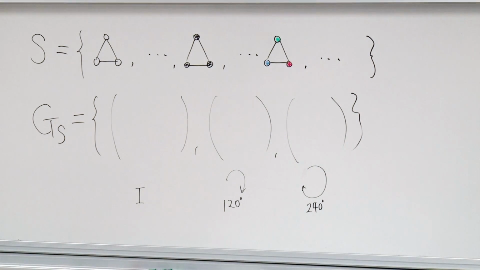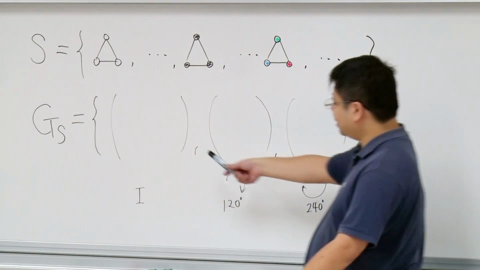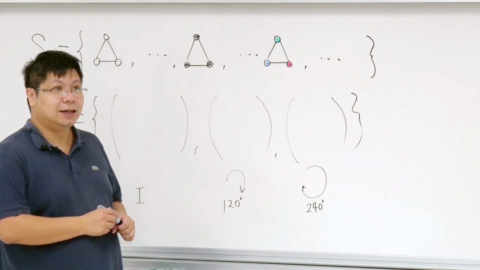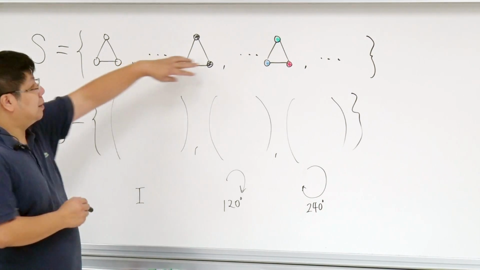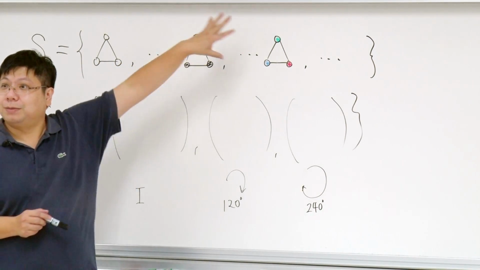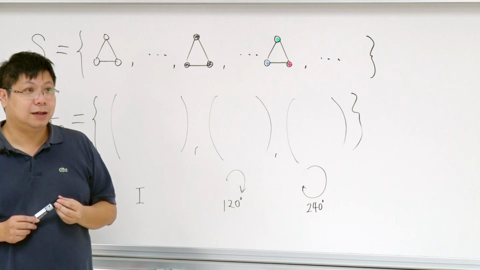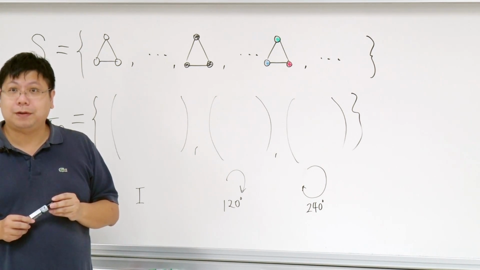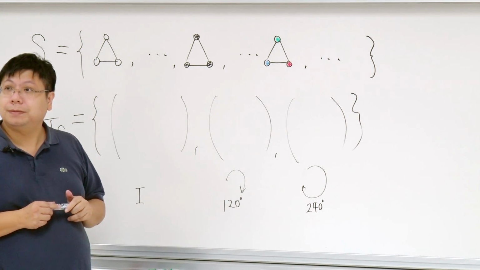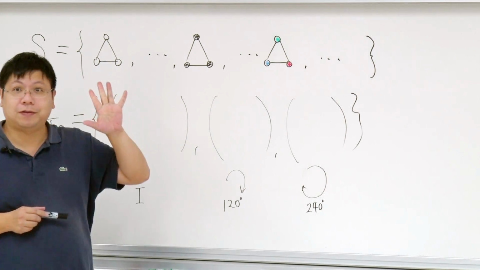Is that okay? So how many are invariant here? How many items are there in S? 5 times 5 times 5. Is that okay? 5 to the power 3.